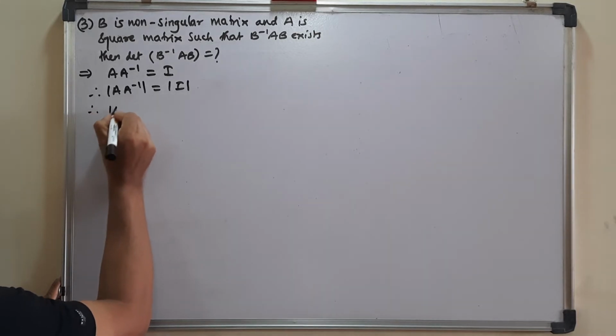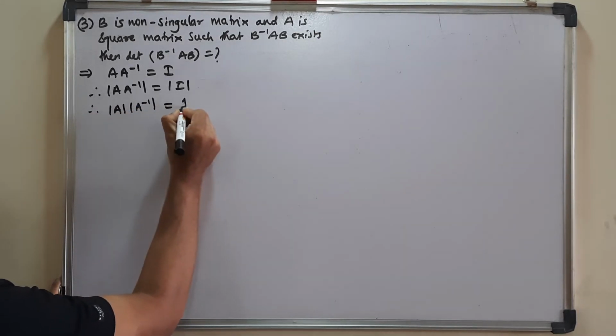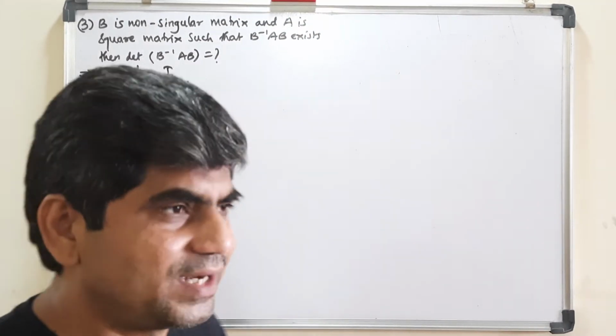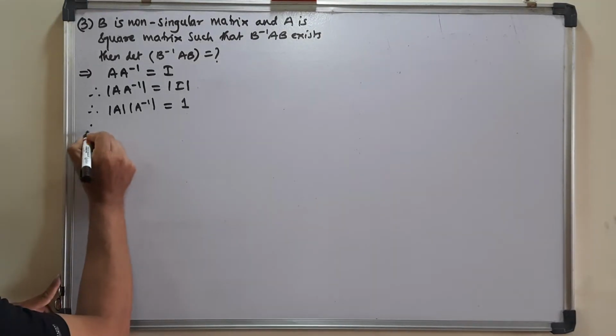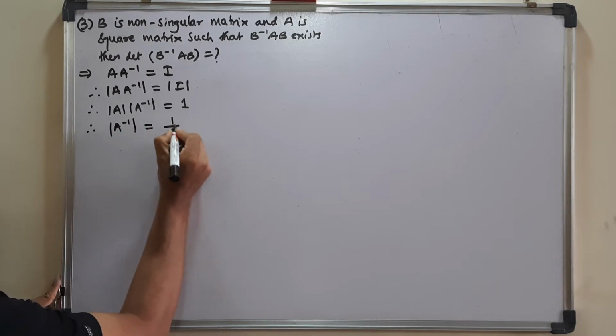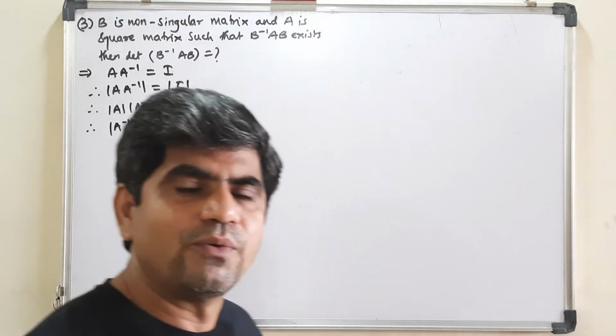This turns out to be determinant of A into determinant of A inverse is equal to 1, because the determinant value of the identity matrix is 1. So here I come to know that the determinant of A inverse is nothing but 1 upon the determinant value of A.